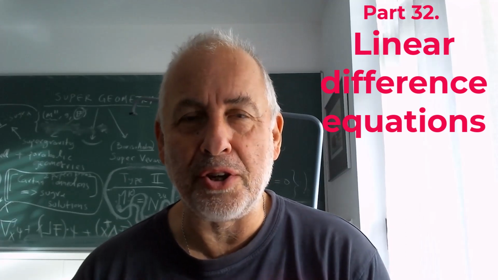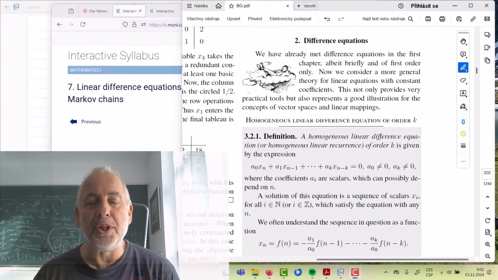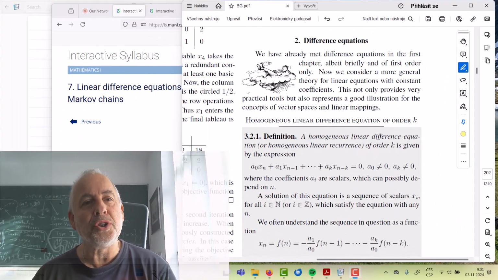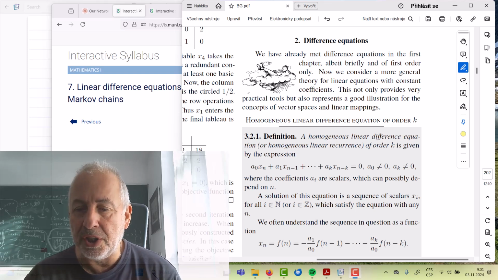So the difference equations or linear recurrences, what we shall be dealing with is what you see on the screen. The definition is easy.